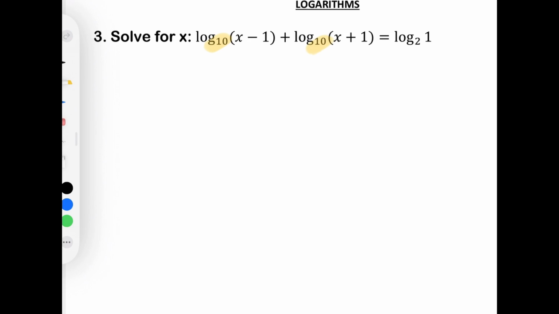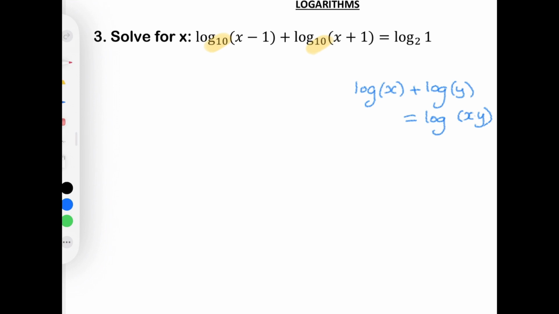So if we see only the left hand side of the equation, there is the same base 10 and two logarithms are being added. If logarithms of the same base are added, then we have a property where with the same base of logarithm the numbers are multiplied.